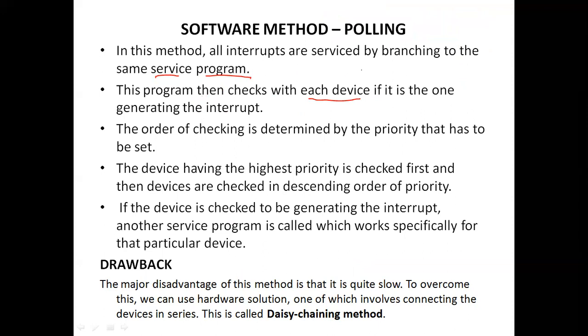The problem is when we have simultaneous interrupts, many interrupts. If all these interrupts come simultaneously, the CPU is going to check each and every device to find which has sent the interrupt signal. This order of checking is determined by the priority.